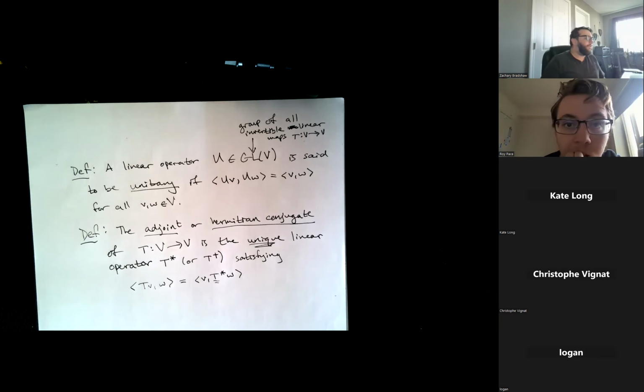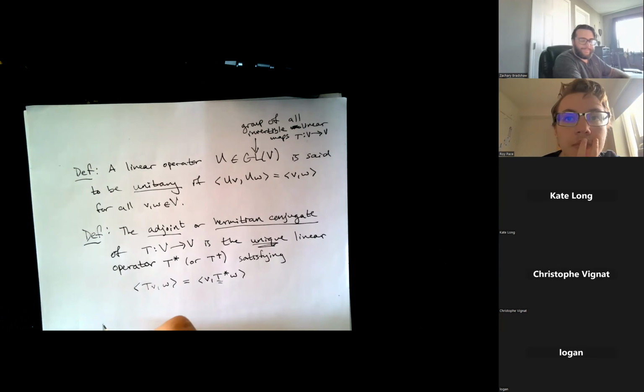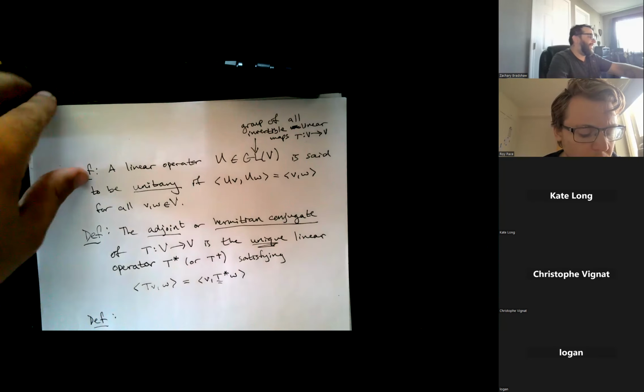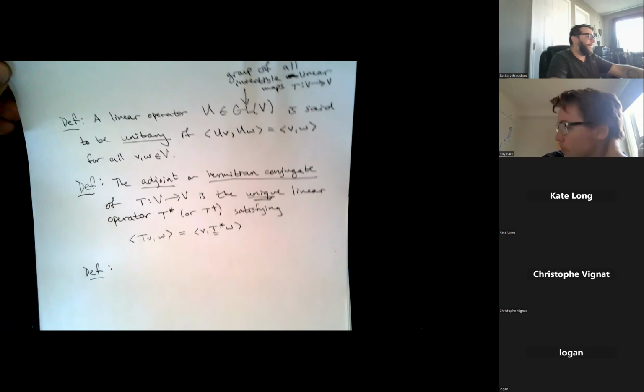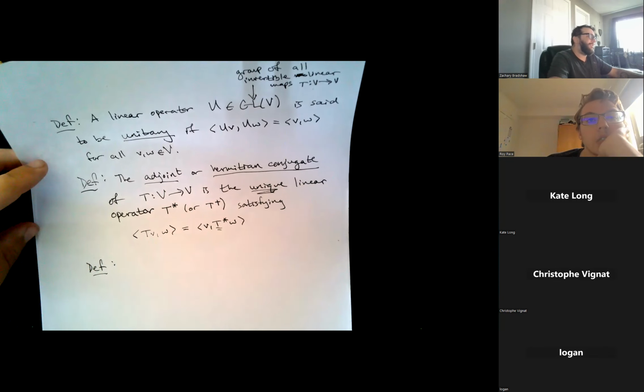So these definitions are equivalent to each other. Well, maybe I should also give a caveat. In an infinite dimensional setting, these things may not, or really aren't, the same.